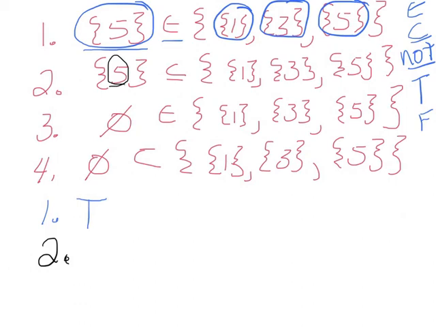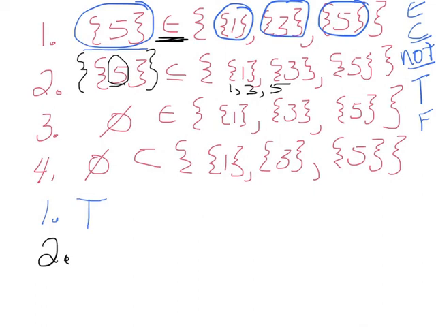So in order for it to be a subset, the elements would just need to be the actual elements 1, 3, 5. And that's why it was okay to say it was an element, but it's not a subset. In order to be a subset here, I would have needed to add an extra set of braces.